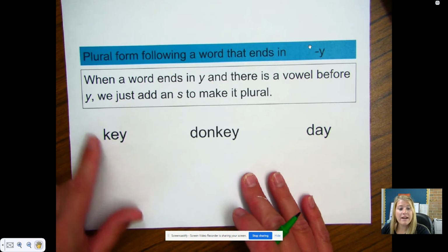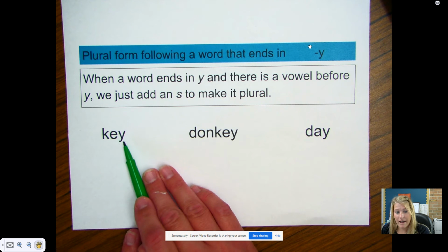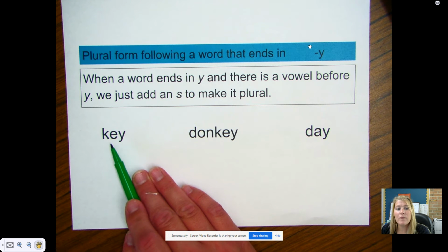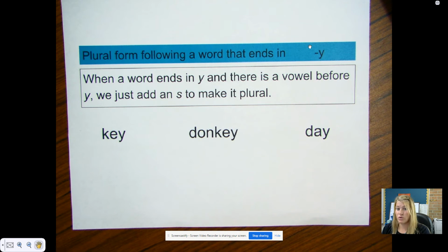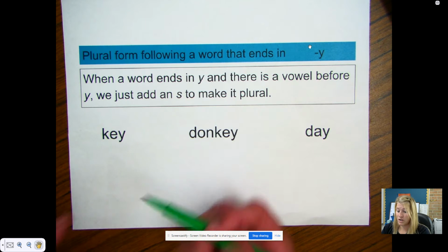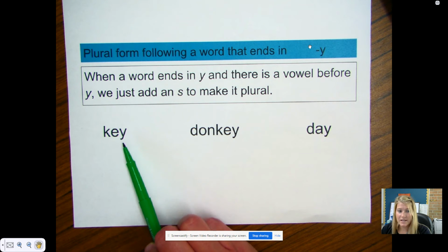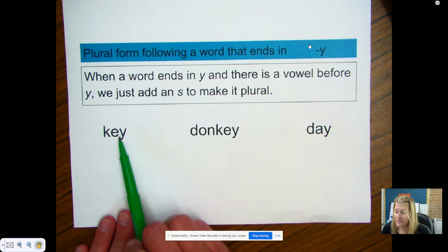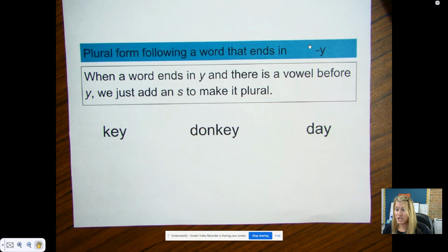When your noun, which needs to be plural, ends in a Y and is sitting next to a vowel to the left of it, we don't change it to an I. We actually just put an S at the end. So when a Y sits at the end of a noun and we need to make it plural, if its neighbor right here is a vowel, we don't change it at all. It just gets added to an S.